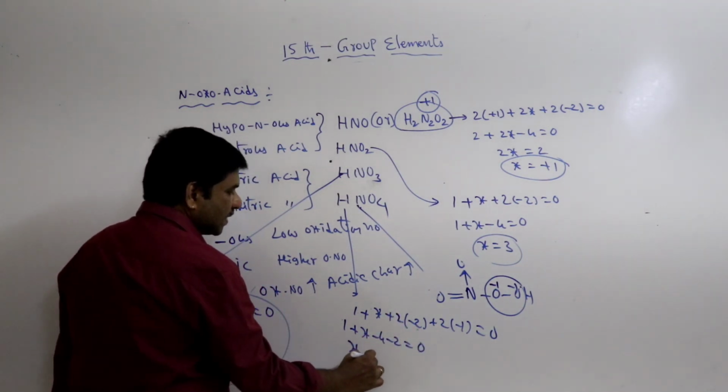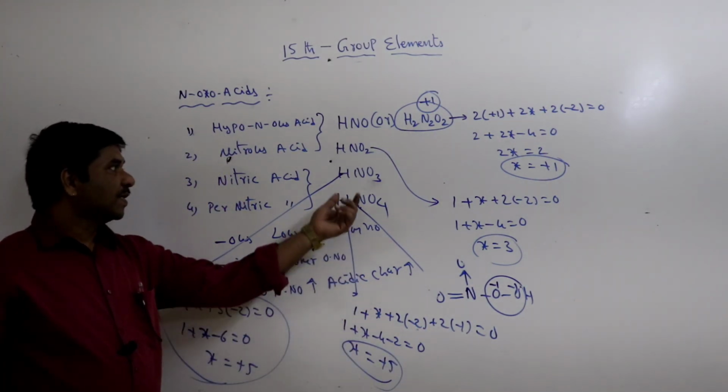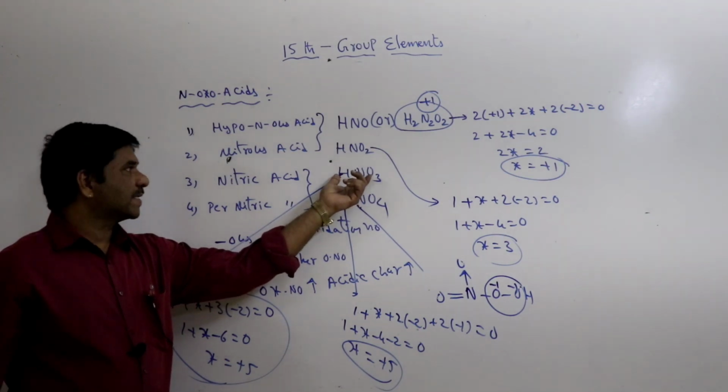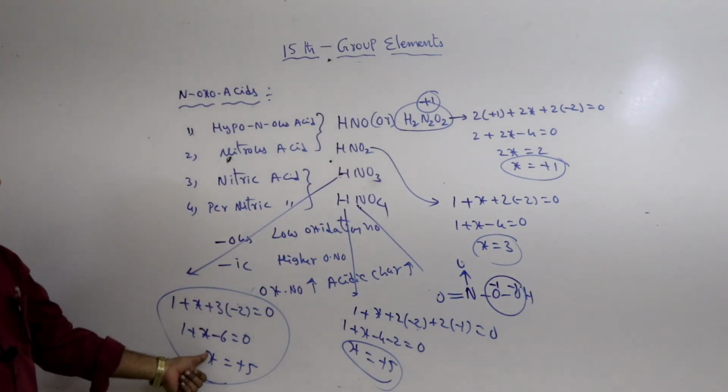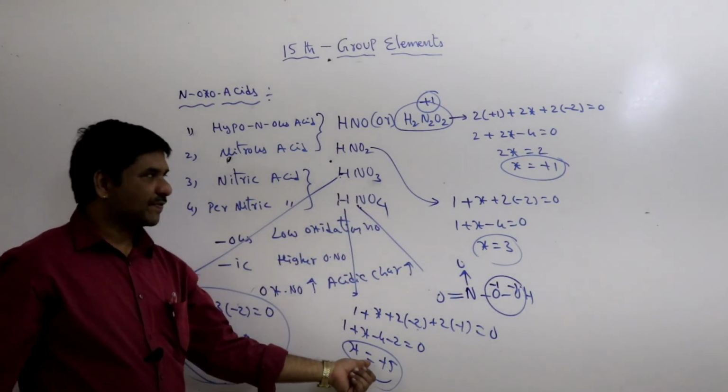So x is equal to +5. So in pernitric acid, nitrogen oxidation number is 5.